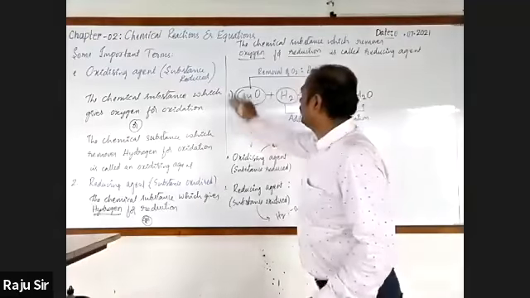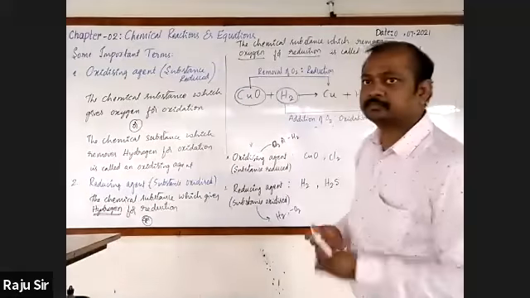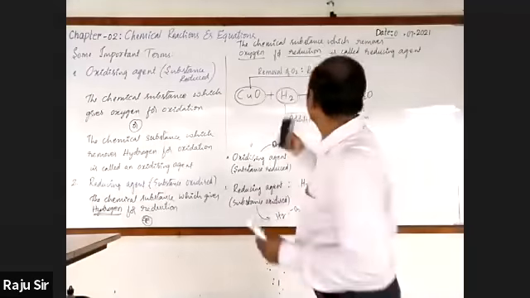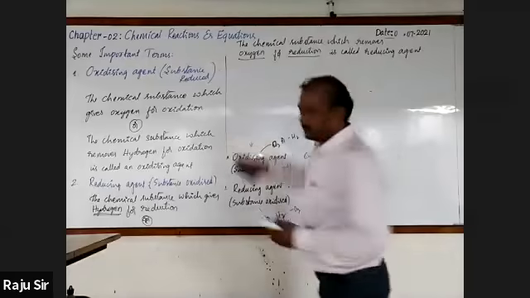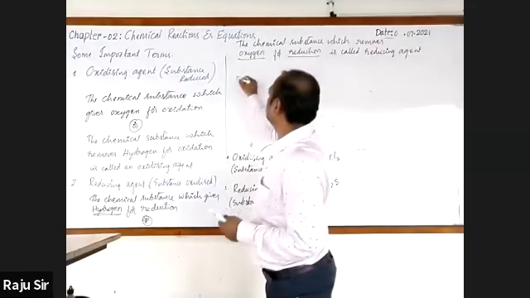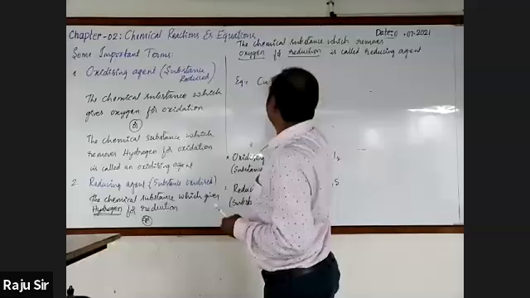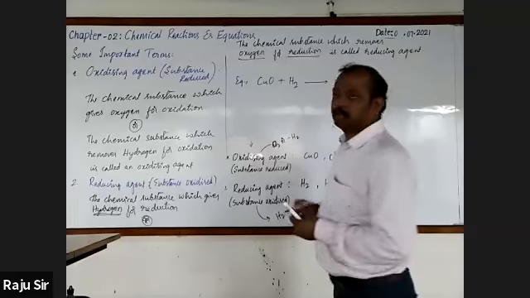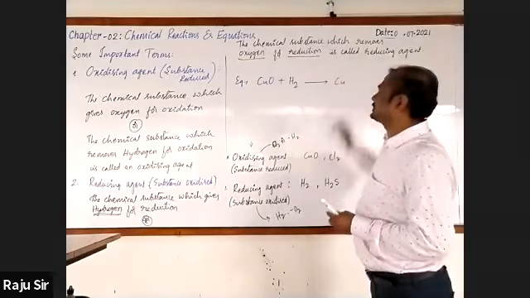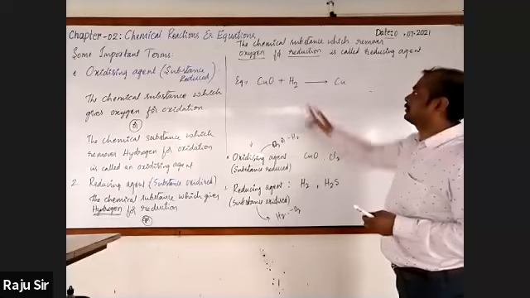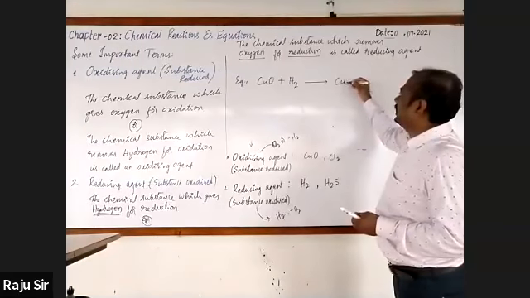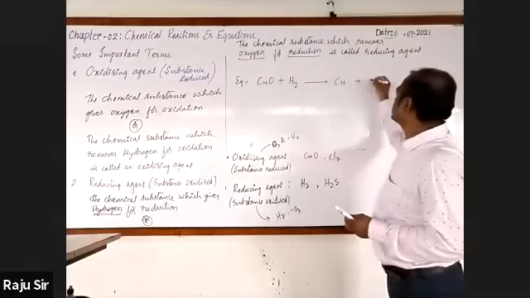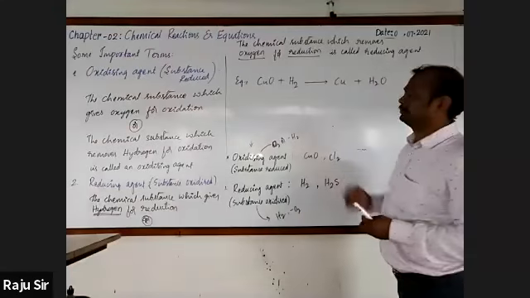Just write one example with respect to this. When copper oxide reacts with hydrogen, hydrogen displaces copper from copper oxide. As a result, copper gets separated and hydrogen gets oxidized to water.